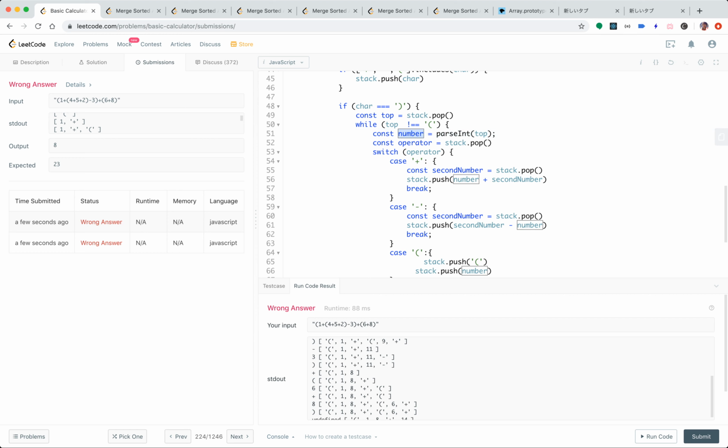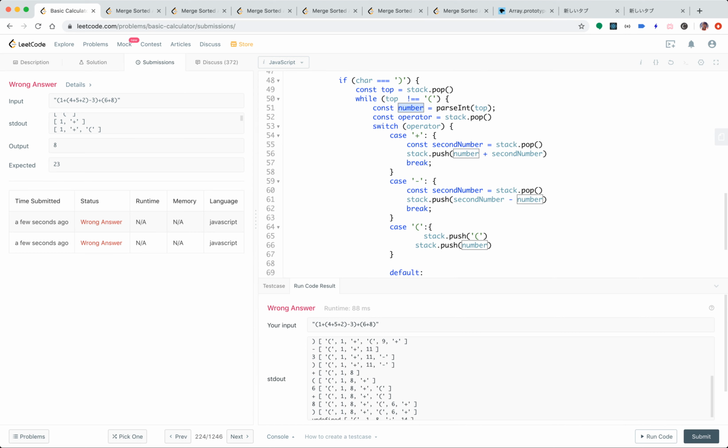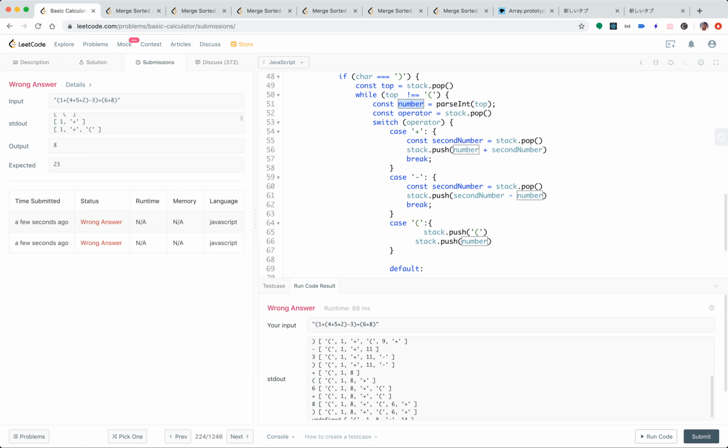Number pop, and if case is like this, we don't push here, just push the number back.